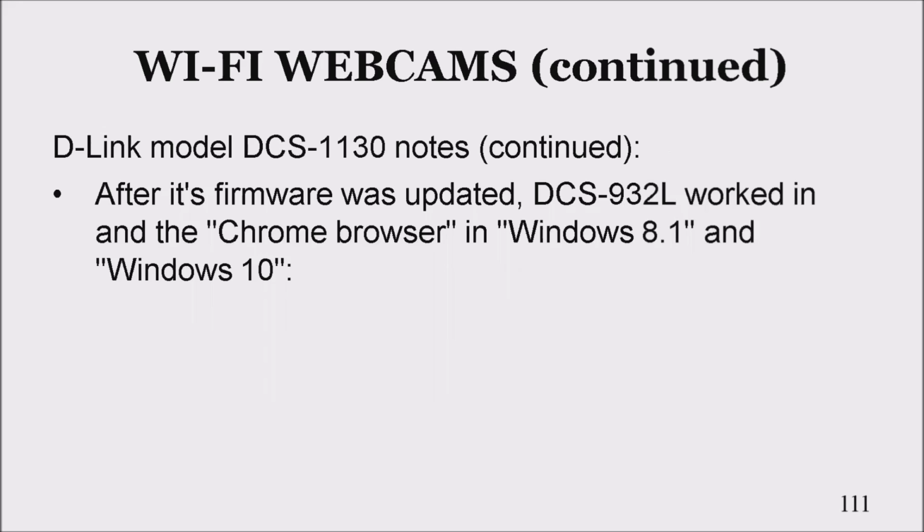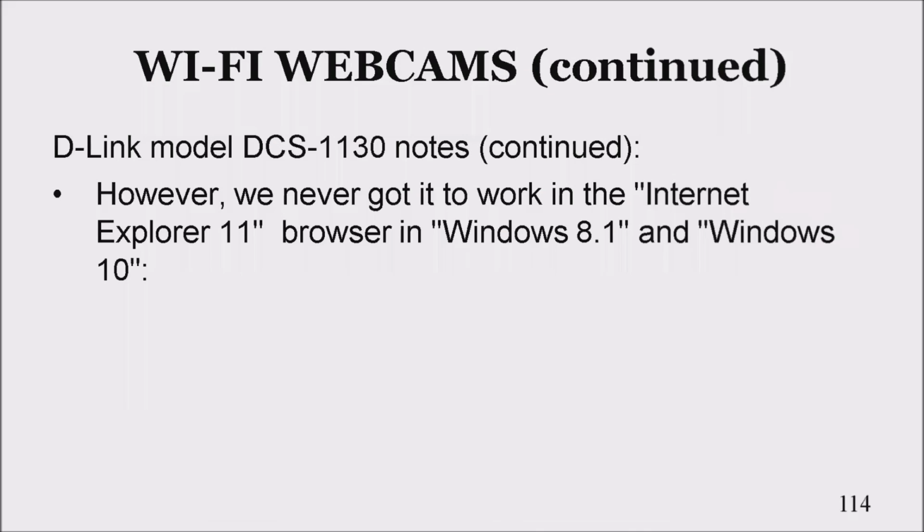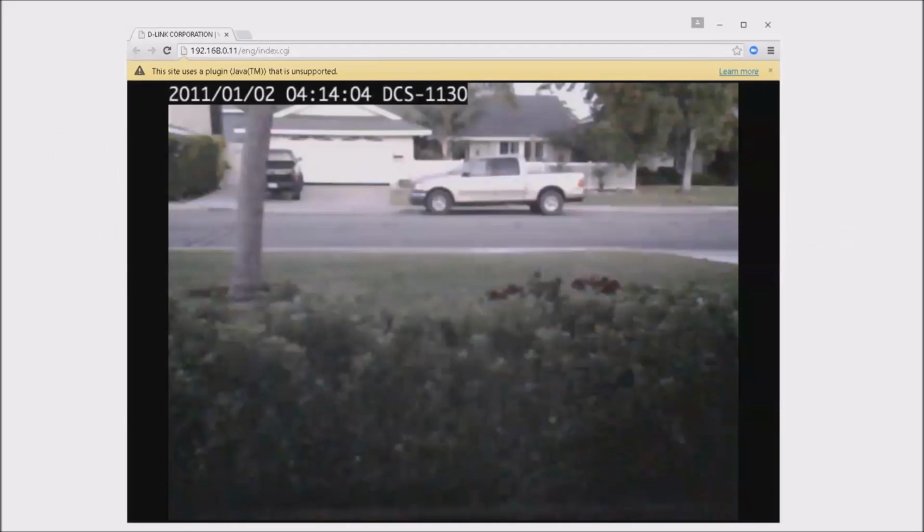Let's see. Okay, it works fine in the Chrome browser. It gives you this nice picture, a little fuzzy, but not as good as perhaps the TrendNet. At least it works a little bit, right? And so what else can you do? It works better indoors than the other cameras, so it depends on how much light you've got going.